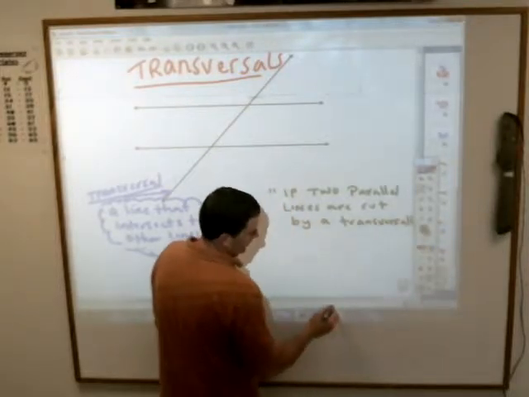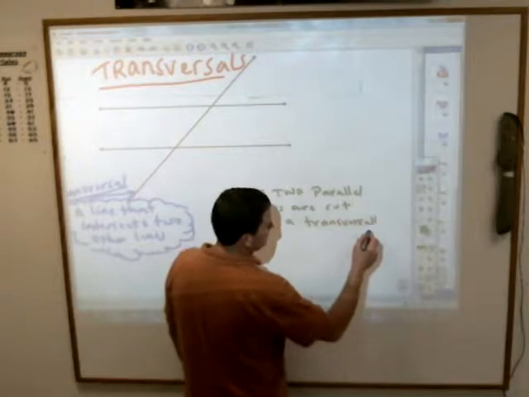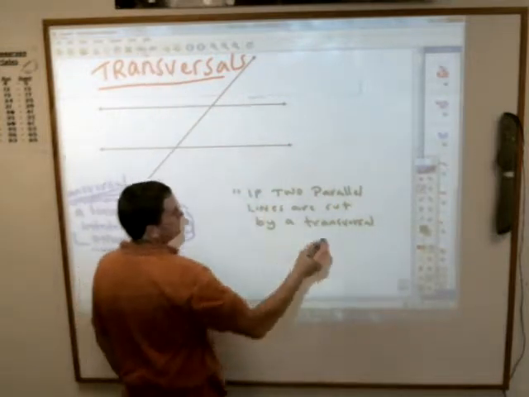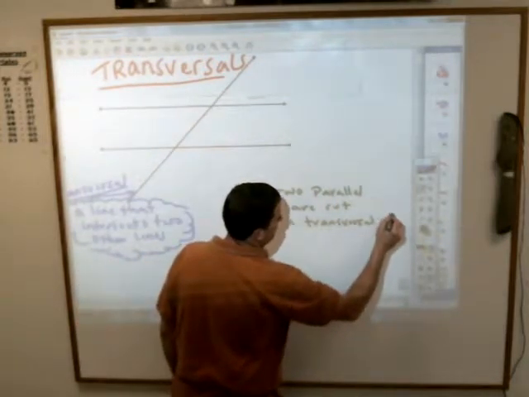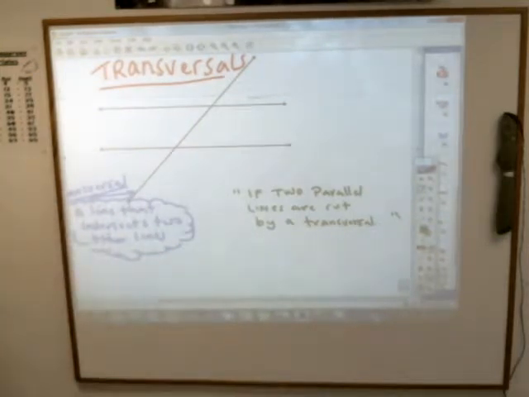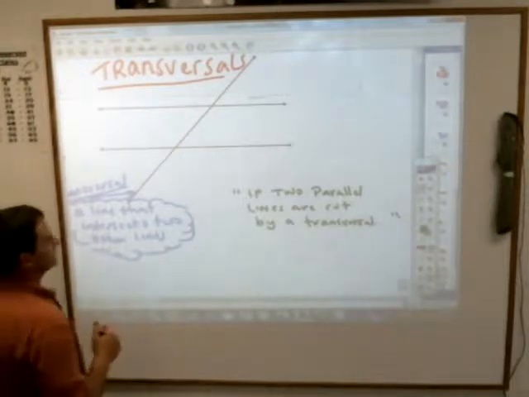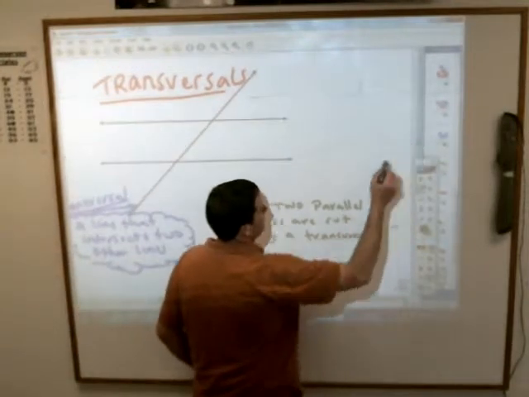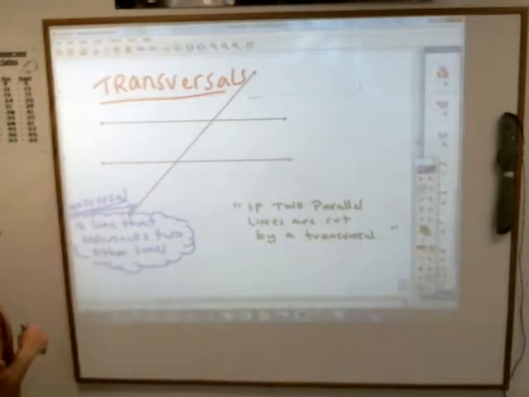And then you can put, is there two L's in transversal? No. And then a dot, because that is going to be the phrase that we are going to repeat numerous times today. Okay? Write that down. If two parallel lines are cut by a transversal.